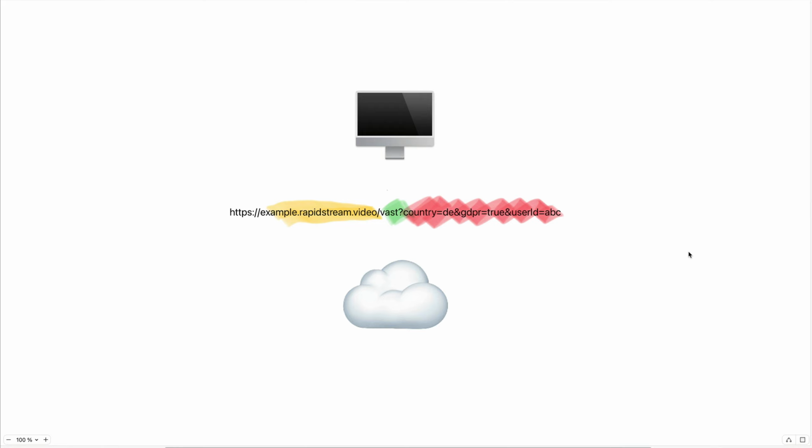So whatever we do here is we replace keys and values in the URL, right? Like we transform country DE to region is Europe, or GDPR true to constant is 1. Those examples are request context examples because we just take data from the URL itself.